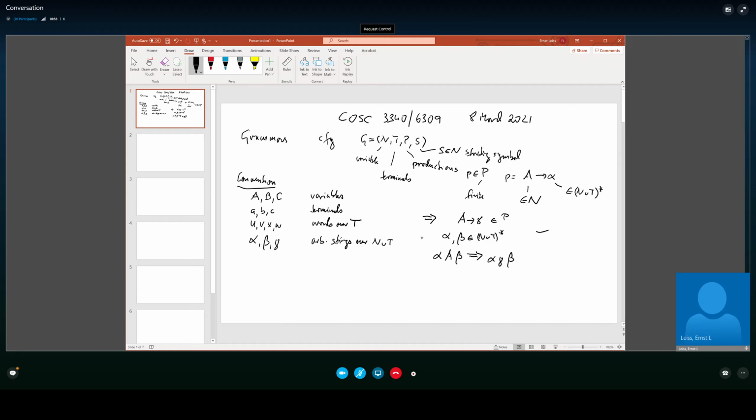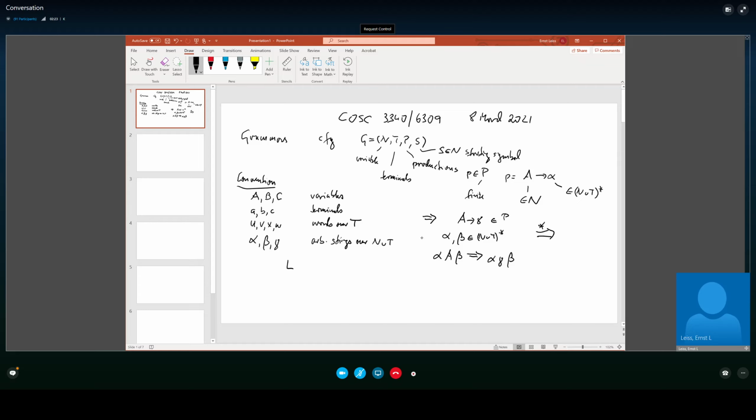And then the reflexive transitive closure, which is just a fancy way of saying we're doing that 0 or more times, is what we're doing when we derive in several steps.